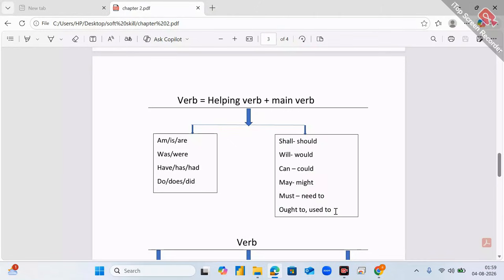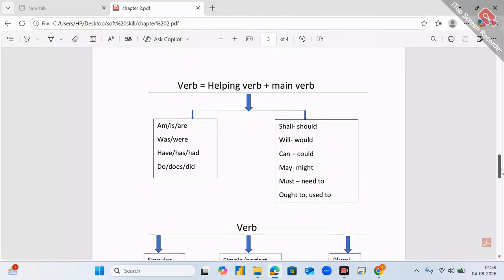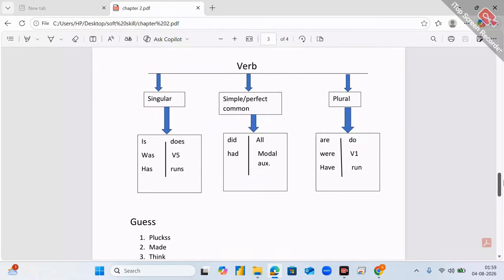What is the use of should, what is the use of could, everything we are going to cover in the modal auxiliary topic. Over here you just need to know these all are modal auxiliaries. So all modal auxiliaries come here, simple or perfect common.